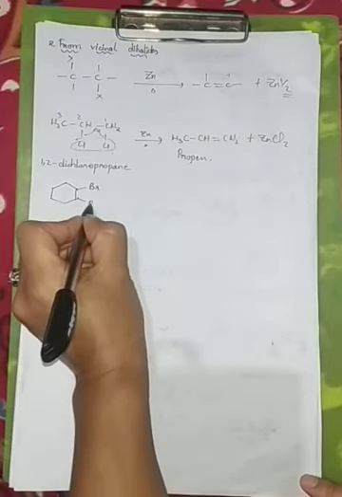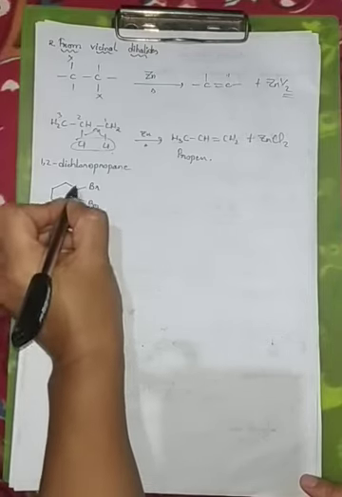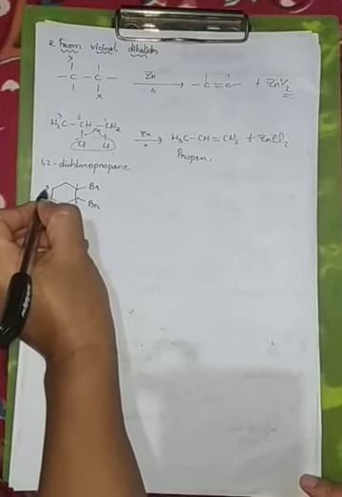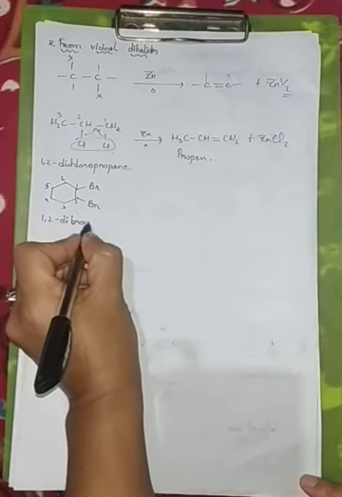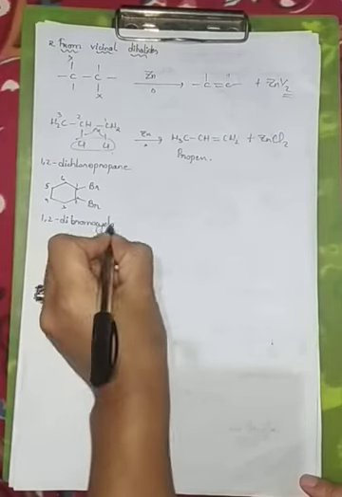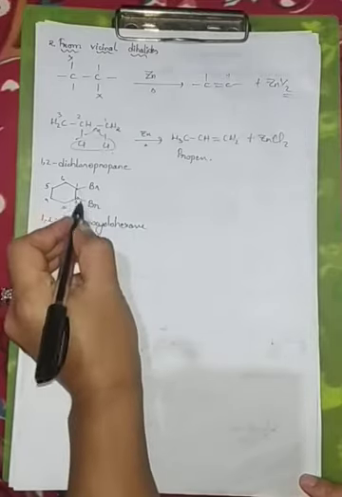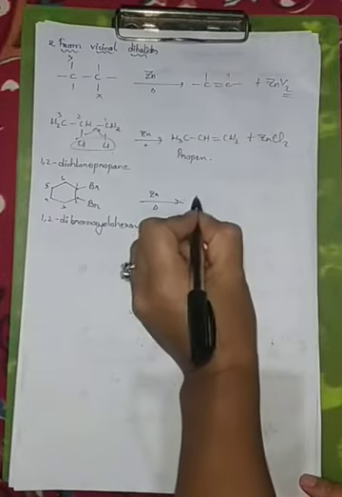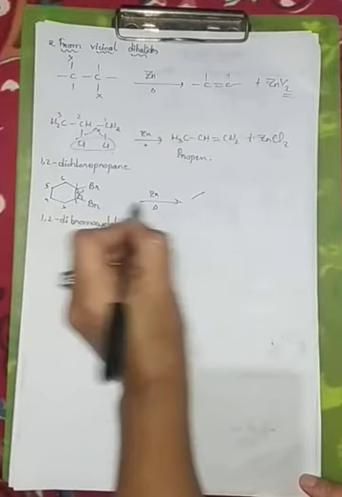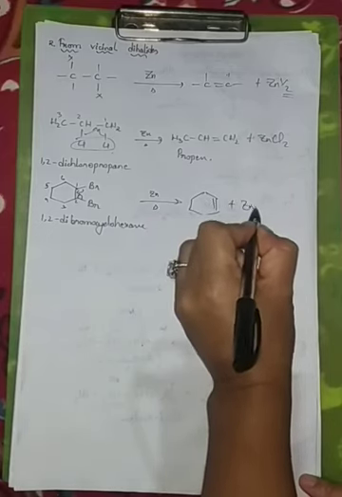Now if we take a cyclo compound, with 1, 2, 3, 4, 5 and 6 carbon atoms, this is our 1,2-dichlorocyclohexane. With zinc in alcohol, on heating, there will be removal of the two halogens, and we will be getting a double bond here with the removal of ZnCl2.